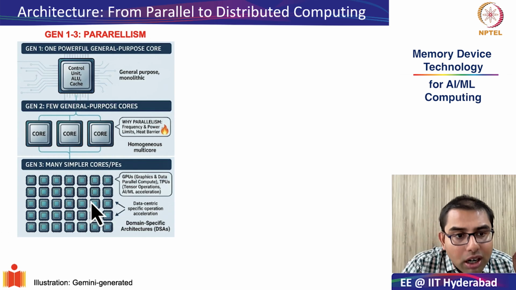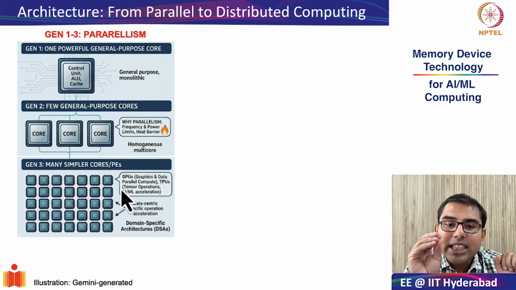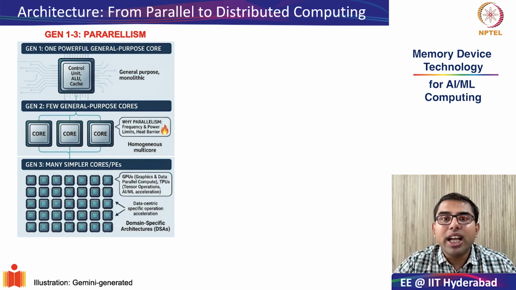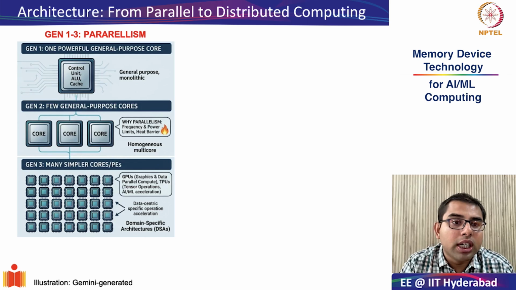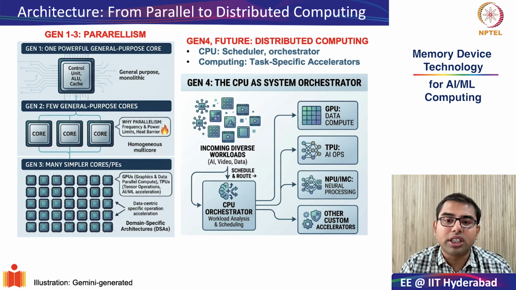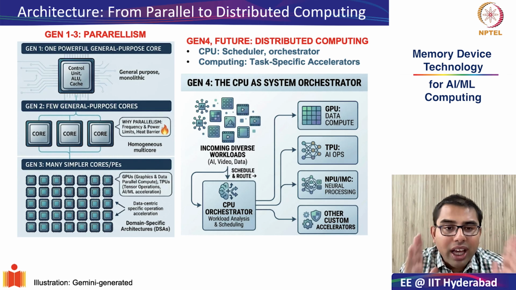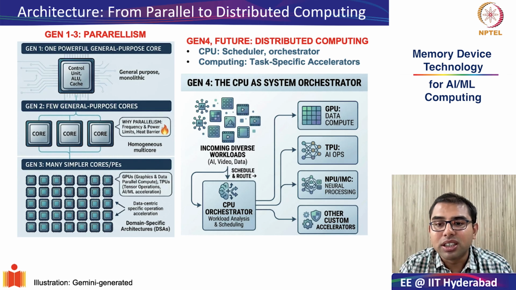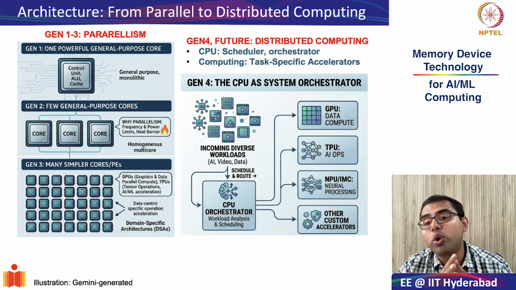And then the third generation was GPUs, which had many small cores crunching the workloads in a parallel fashion. However, the fourth generation represents a really different outcome and a very different approach. And this is true distributed computing.